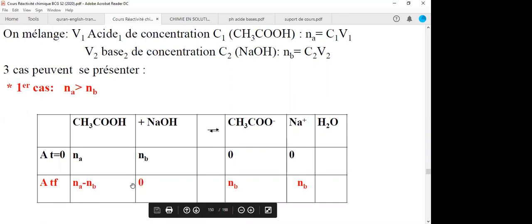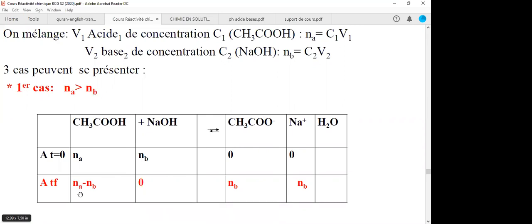So at the final state, the number of moles of the salt that will be formed, or these ions, will be equal to the number of moles of the base that reacted, because all the base was finished, and the number of moles of the acid that remained is found by number of moles of the acid, because it is in excess, minus number of moles of the base.